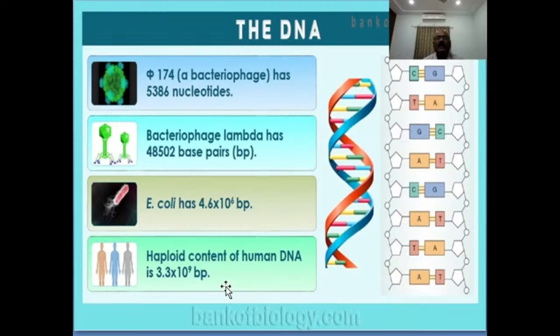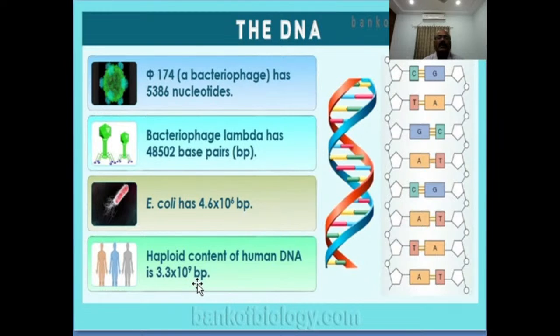Each cell in a human being possesses 2 sets. So, the haploid content of human DNA is 3.3 into 10 to the power of 9 base pairs.